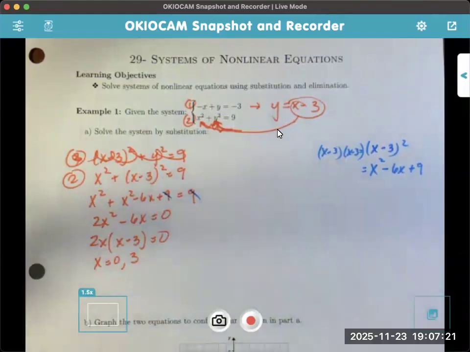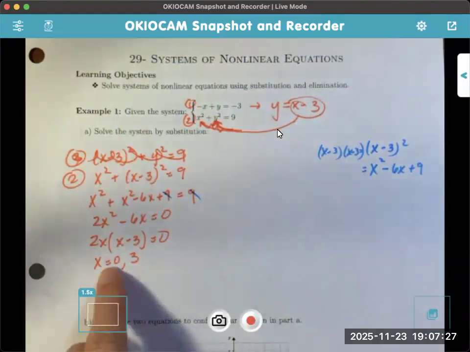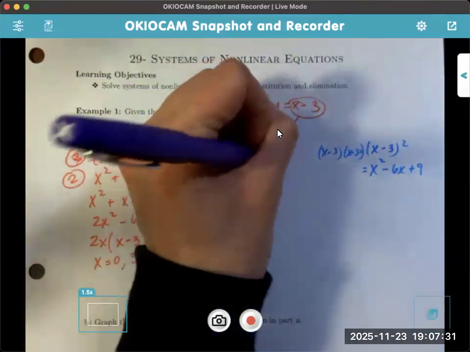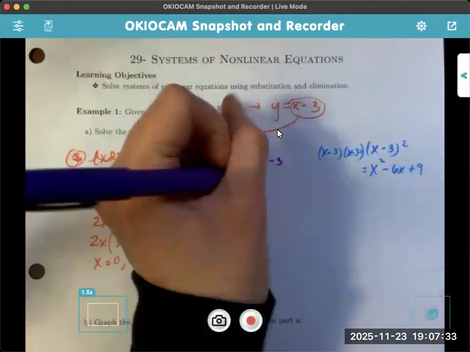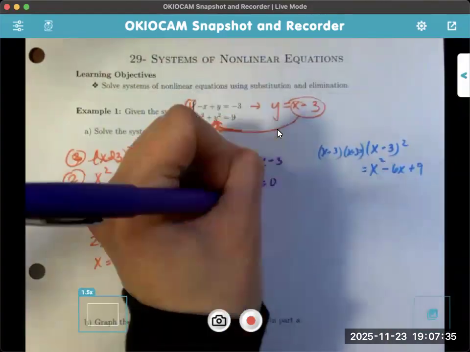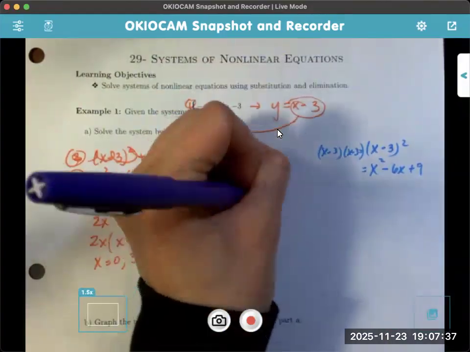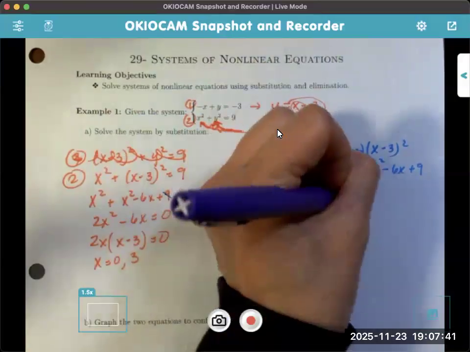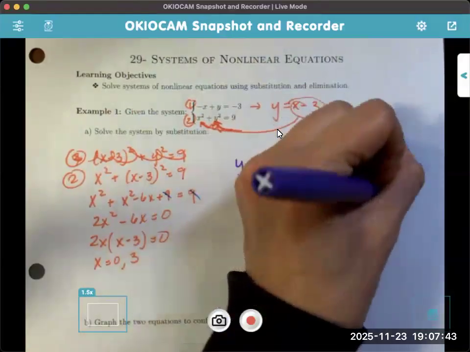No. Almost, but not quite. We got to go back and find our respective y's. So note again, see, we have two x's, so we'll have two y's. If y is equal to x minus 3, then for x equaling 0, we have that y equals 0 minus 3, so that's negative 3. So this is the point 0, negative 3.